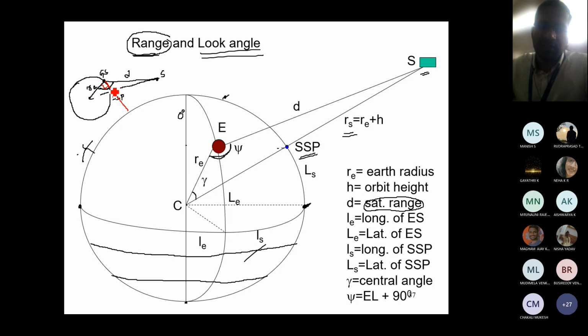And what about this other angle? This angle is called the elevation angle. So we can write the angle psi is equal to 90 degrees plus the elevation angle.